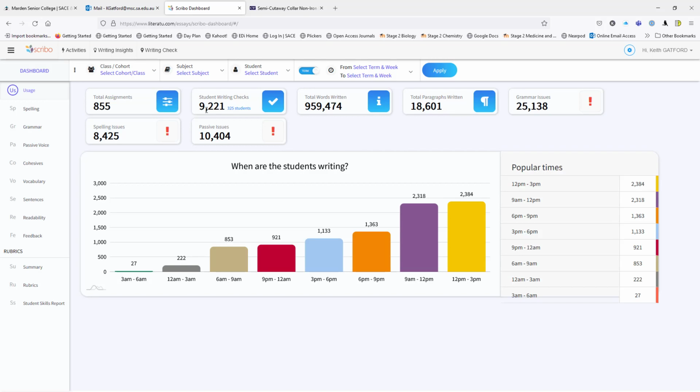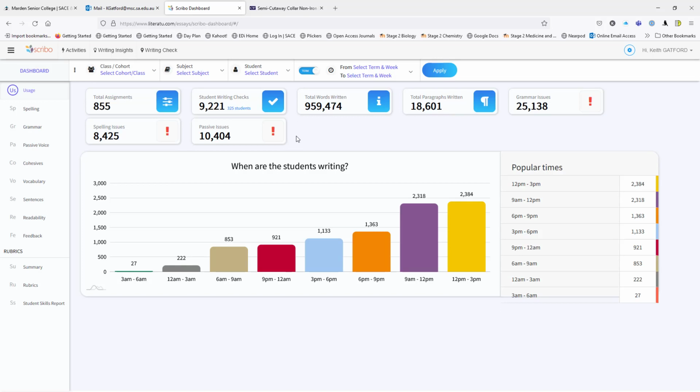Now that's a bit over 9,000 writing checks in that time, a total of 855 assignments done, and you can see that there are things like grammar issues, spelling issues, and passive writing issues. Now, as I've said before, passive writing is not a problem for me in science, but it might be in something like English.